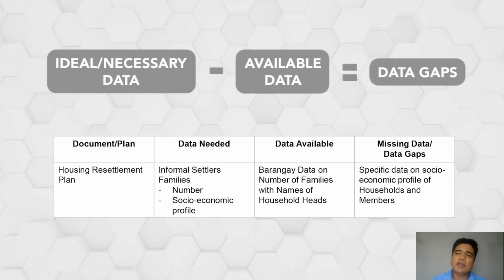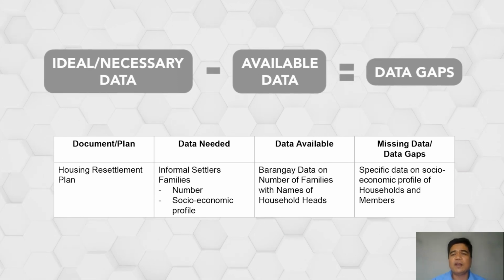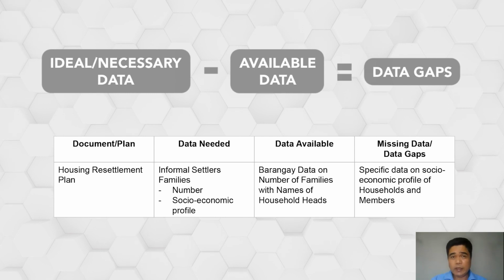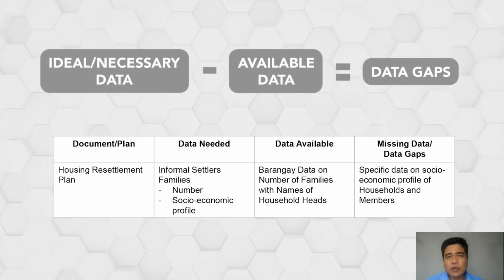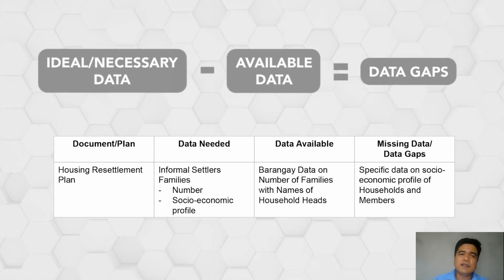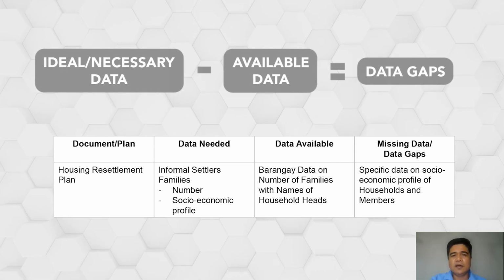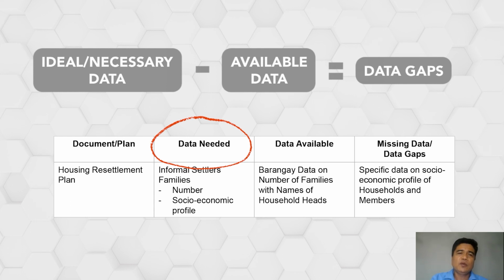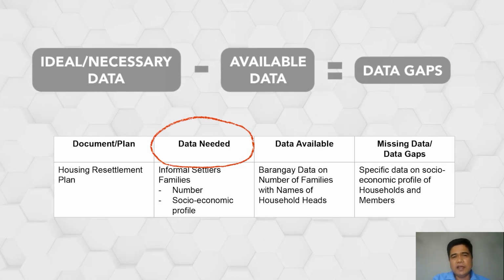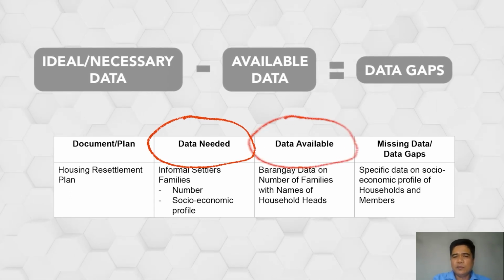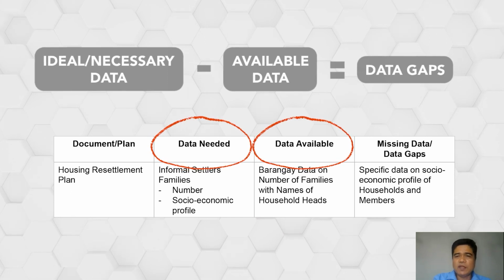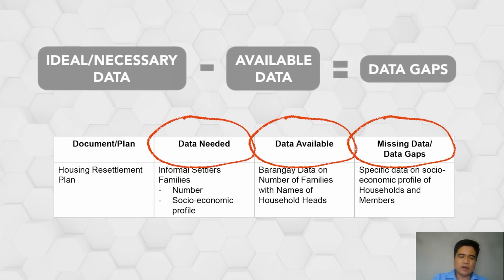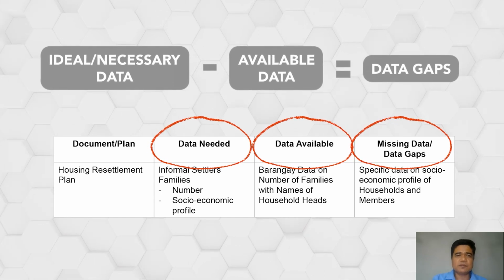So we miss data of socioeconomic profile, particularly of the household, so that we can determine who should be prioritized in the housing resettlement project. So here, we list the needed data. We compare this with the available data and we get the missing data or data gaps.